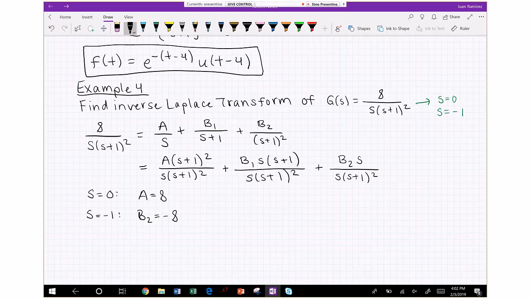What you do then is, you're out of your zeros, so what are you going to do? You're going to rewrite that equation with a and b2 already substituted in.